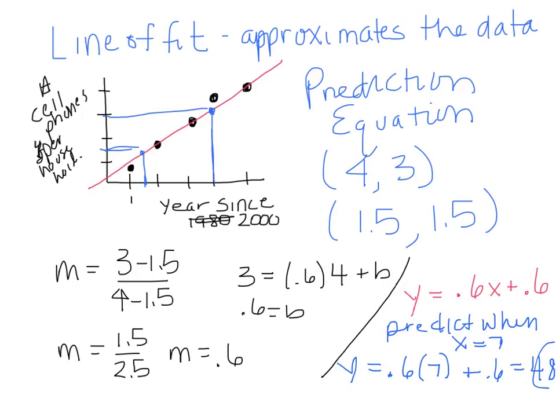Now, let me make one quick statement about the validity of making predictions, okay? When you're making a prediction, like we just did, that's outside the data. We made a prediction for 2007. So we went extra far, and we kind of extended the line, and we said, aha, that will be the answer in 2007.